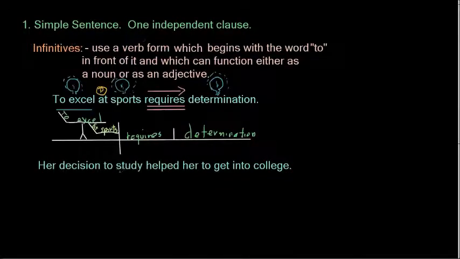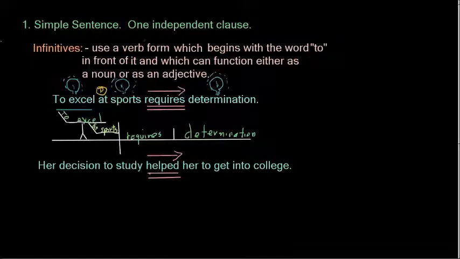First, let's code this. Our main verb. Well, to study looks like a verb, but helped is going to be our main verb. To study is an infinitive, so we're suspicious that it's something else. So double underline it to show its predicate and put our code for verb for action over the top of helped.